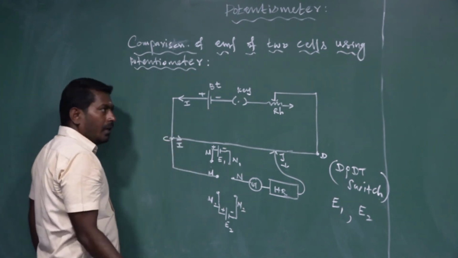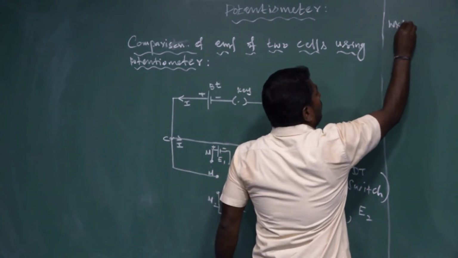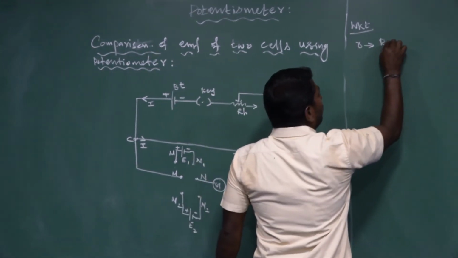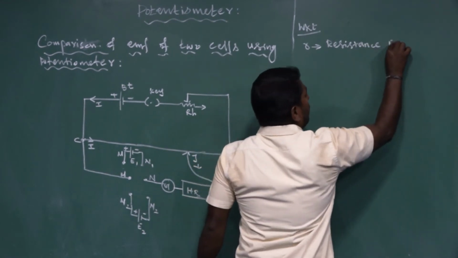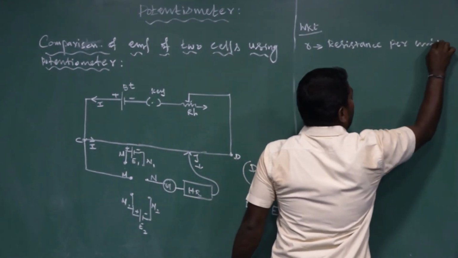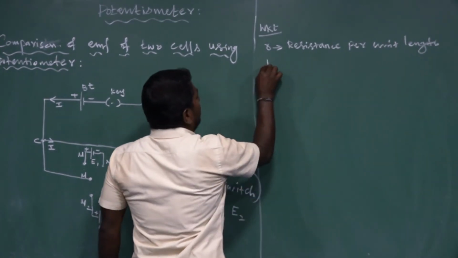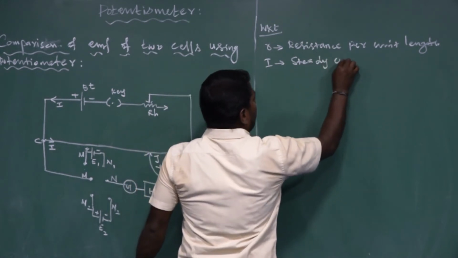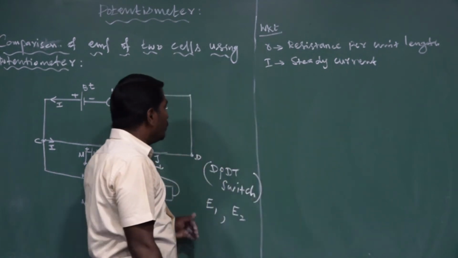Already we know that R is the resistance per unit length, and I is the steady current through the potentiometer wire.